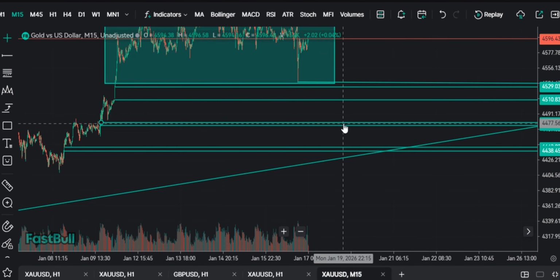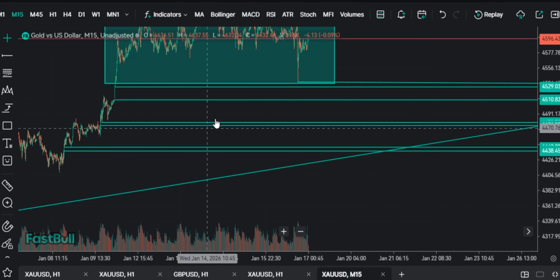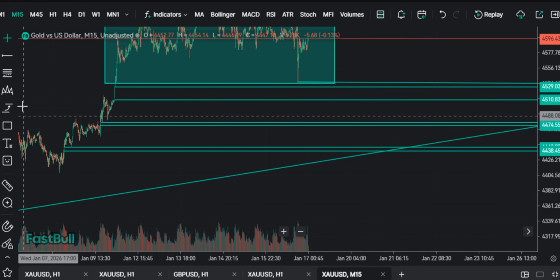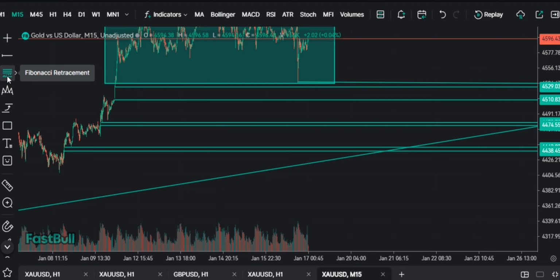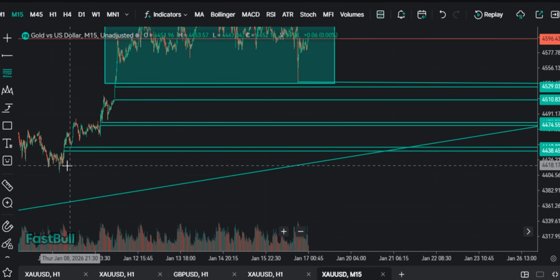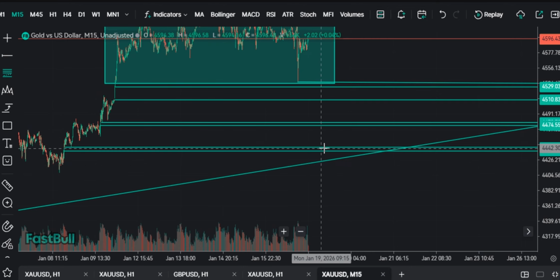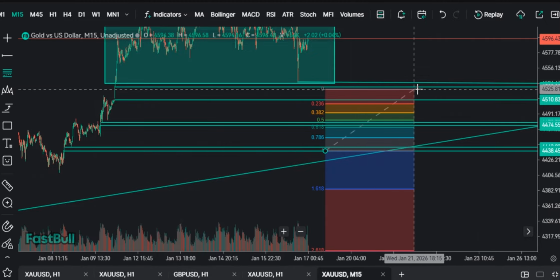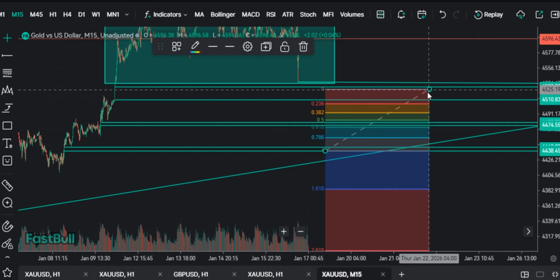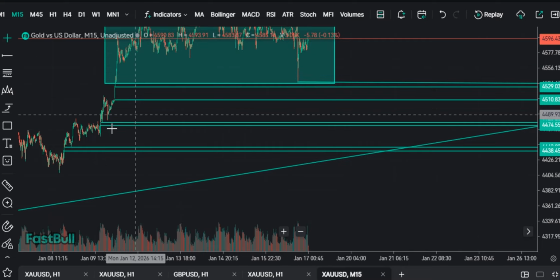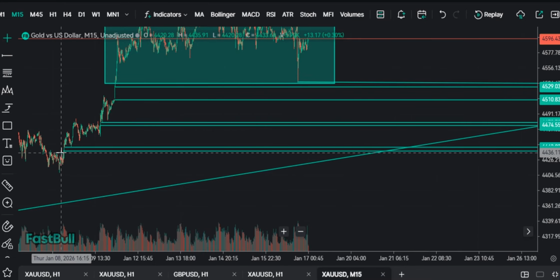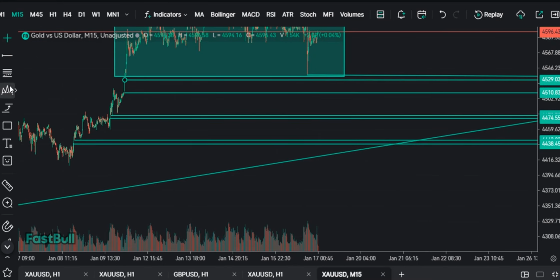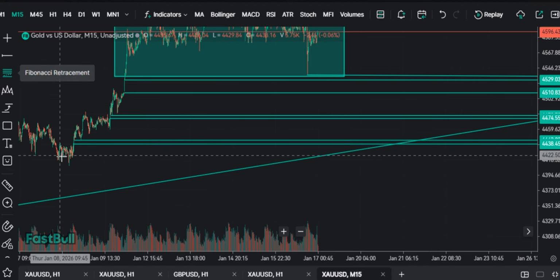These are imbalances that should be refilled. You can mark out using a Fibonacci adjustment and make sure you understand. Starting from this point here, you can mark out and understand. Let me show you something. You can mark out and understand the premium and discount area.